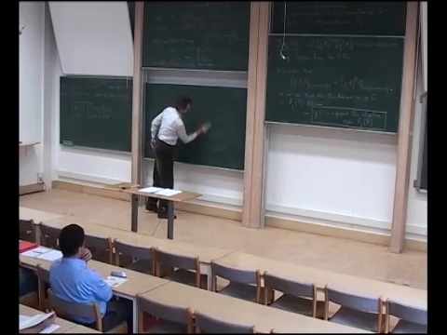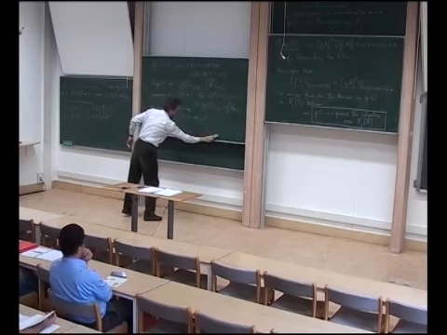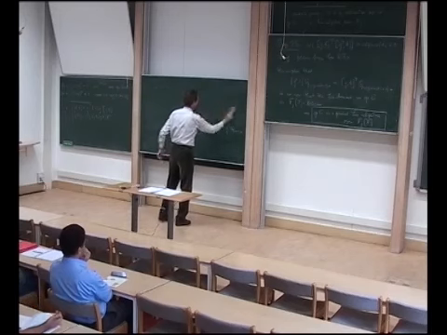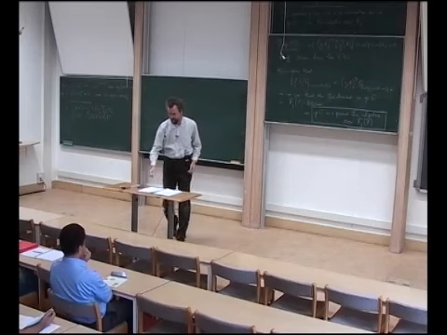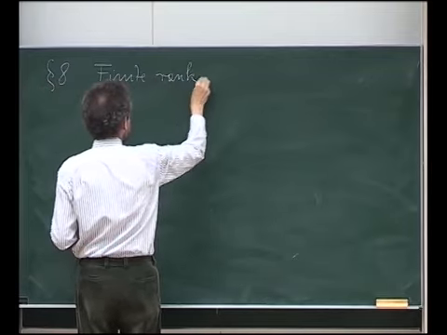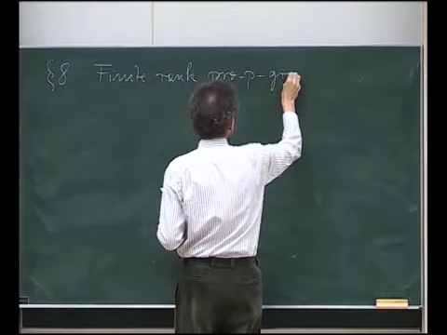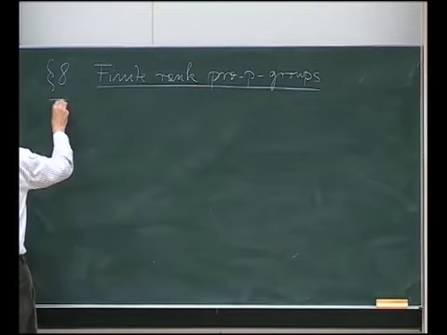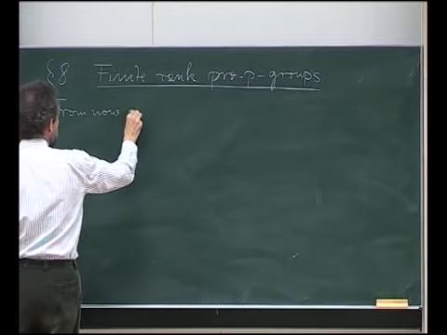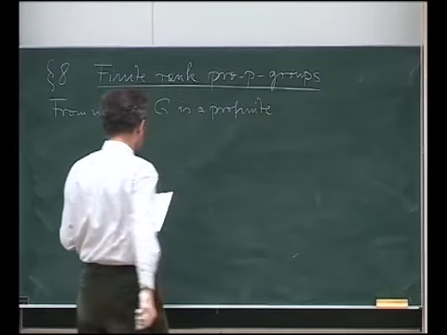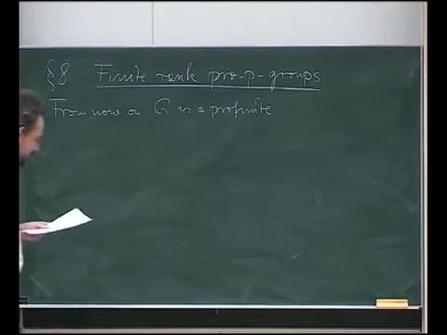Okay, so now I can come to the definition. From now on, G is a profinite group.